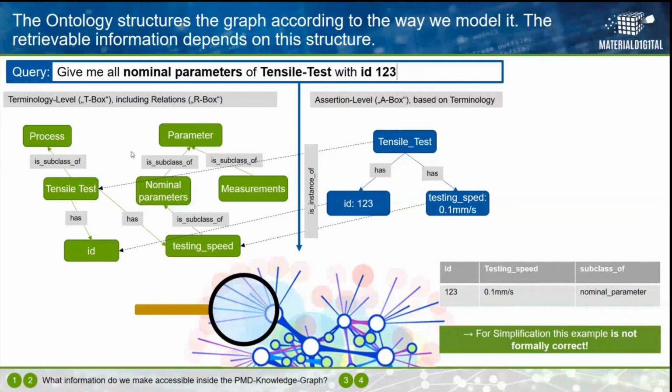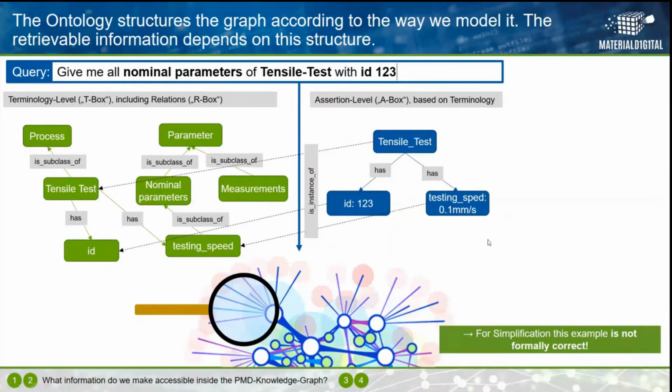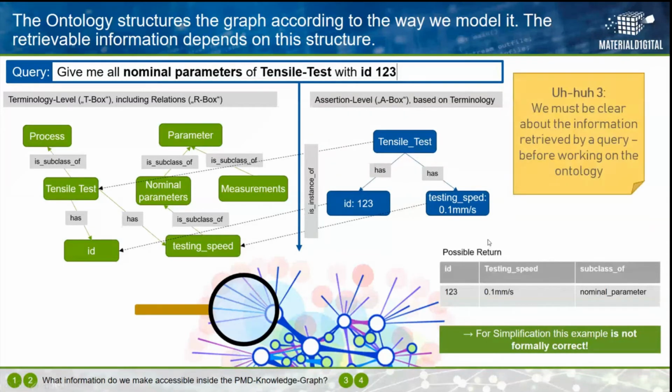How would it know? But this is something you must keep in mind when you're modeling, because this is sometimes not clear, and we run circles because we don't force ourselves to think clearly about this before starting. So the next aha here is that we must be clear, at best, about the information retrieved by a query before working on it.